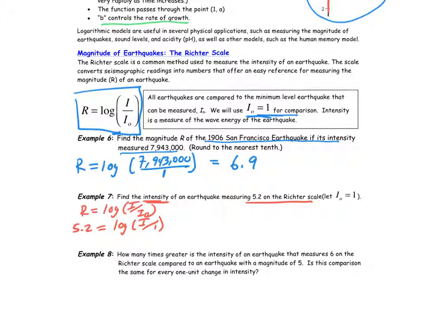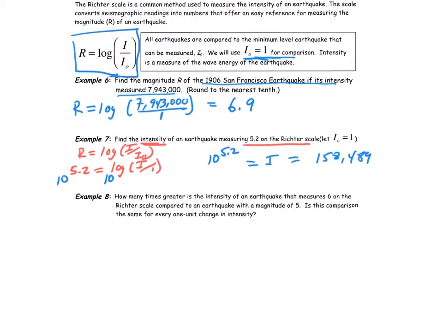You could either write this in exponential form or exponentiate both sides. I'll exponentiate both sides. So we get 10 to the 5.2, and on the right side of the equation, I'm undoing the log, so I'm just left with I. If you enter 10 to the 5.2 in your calculator, you'll find that it is 158,489.